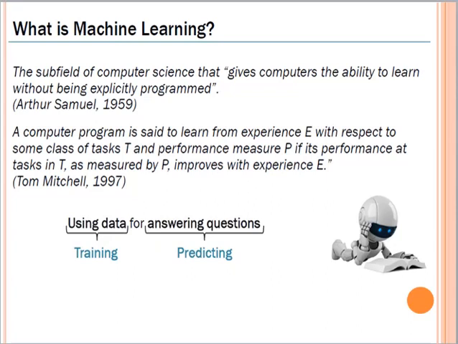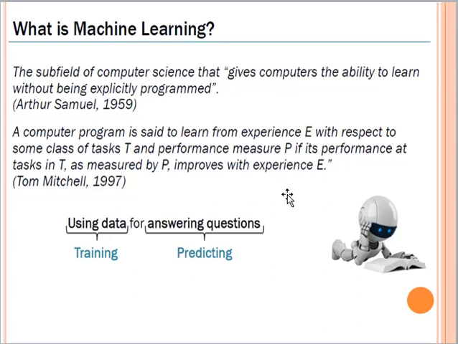We can also say that a computer program is said to learn from experience E with respect to some class of tasks T. So if I represent the experience with E, and I represent different tasks with T, and if I represent the performance measure with P, then if its performance at task T, as measured by P, improves with the experience E, right?